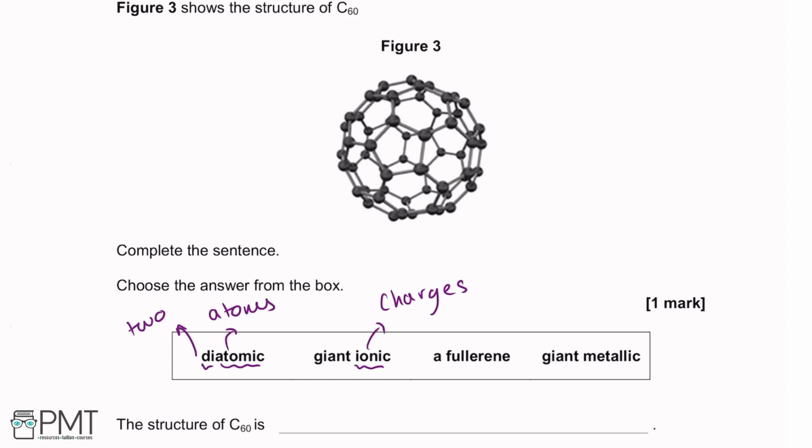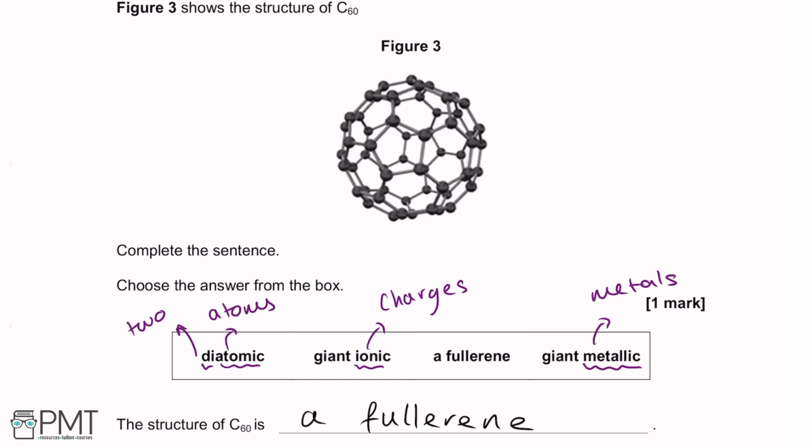So it's not going to be giant ionic. What about giant metallic? Well, metallic is obviously referring to metals. Well, carbon is not a metal. Carbon is a non-metal, so it's not that. So by process of elimination, we're able to work out that the correct answer is a fullerene for 1 mark.